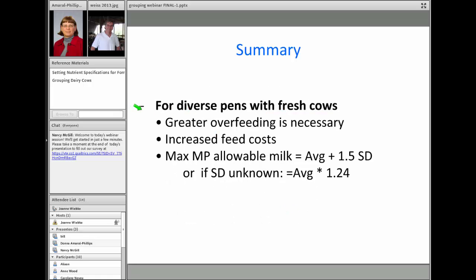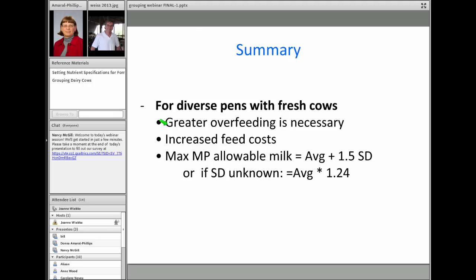For diverse groups, and this would be pens with later lactation and fresh cows, you have to overfeed more because you cannot afford to shortchange fresh cows. This adds to feed cost, but it should be overall profitable. The best thing would be to get the fresh cows into their own pen.